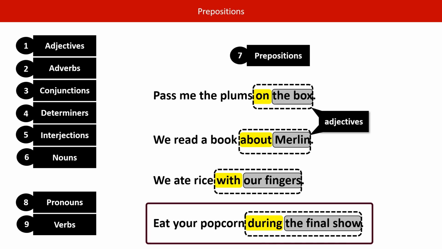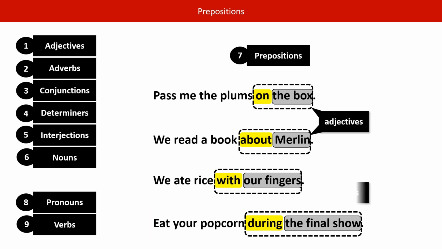Eat your popcorn tomorrow. Eat your popcorn later. They are both adverbs. During the final show is an adverb. So prepositional phrases can function like adjectives or adverbs. There's more about that on the website.